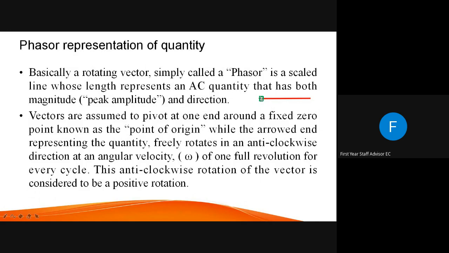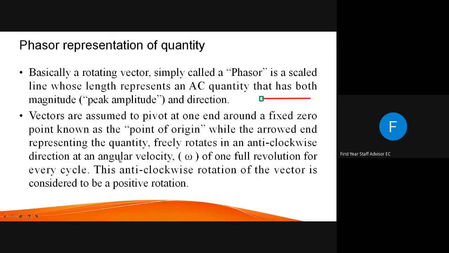So this is the origin. Okay, one end, the left side of this line, I have made it the origin. That is the first sentence. Vectors are assumed to pivot at one end around a fixed 0 point known as point of origin. So this is the point of origin.